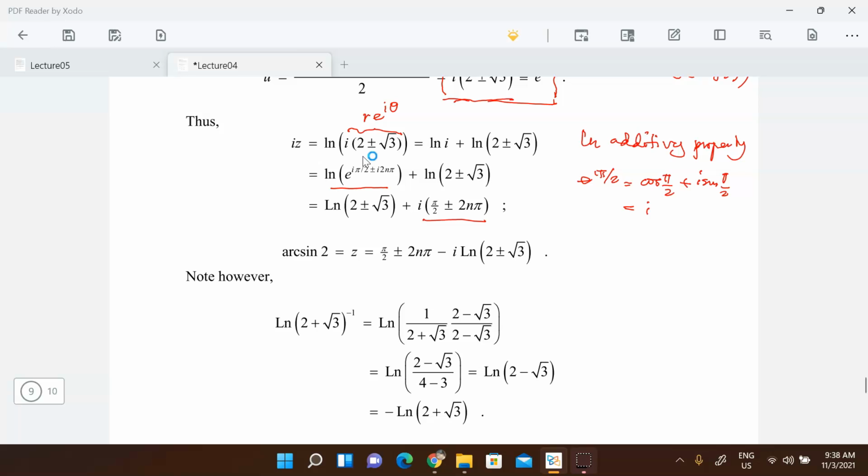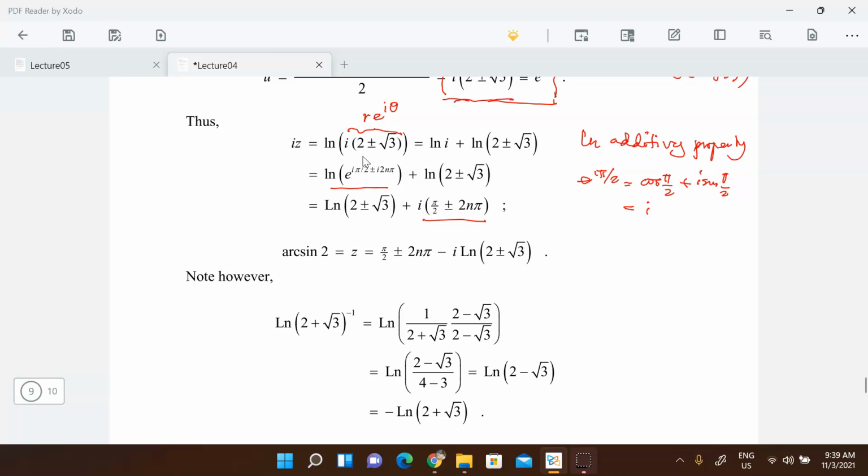Now I can simplify this number by multiplying with the conjugate. Here it is a plus root 3, so I will multiply with a minus root 3, top and bottom. So this becomes 1, you just multiply by 1. Then I am able to remove the root 3 at the denominator and make the number simpler.